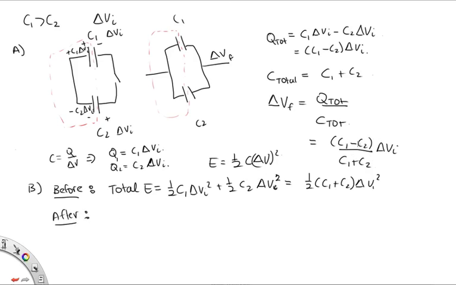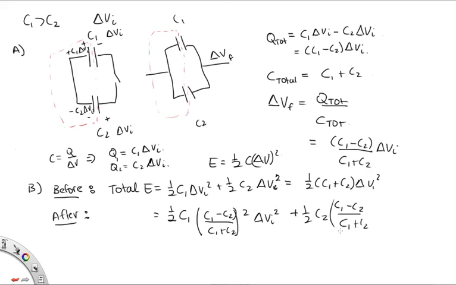Now afterwards, we've now got the voltage difference across each of the capacitors, and we've got the capacitance of each of the capacitors. So we've got a half C1, and then the voltage difference is C1 minus C2 over C1 plus C2 squared delta VI squared plus a half C2 times C1 minus C2 over C1 plus C2 squared delta VI squared.